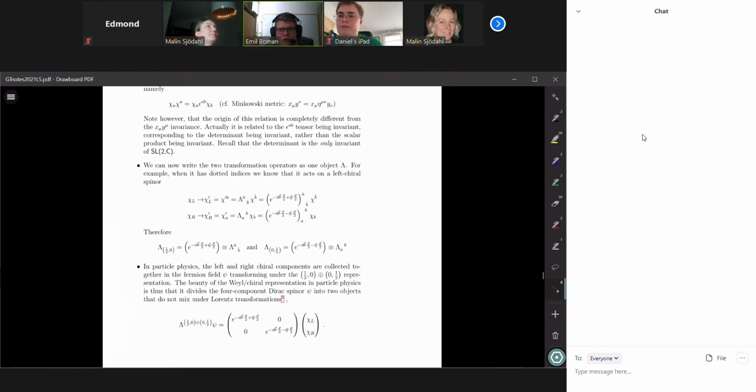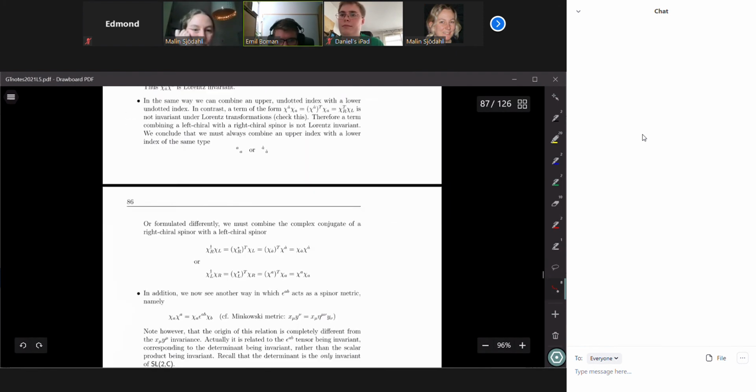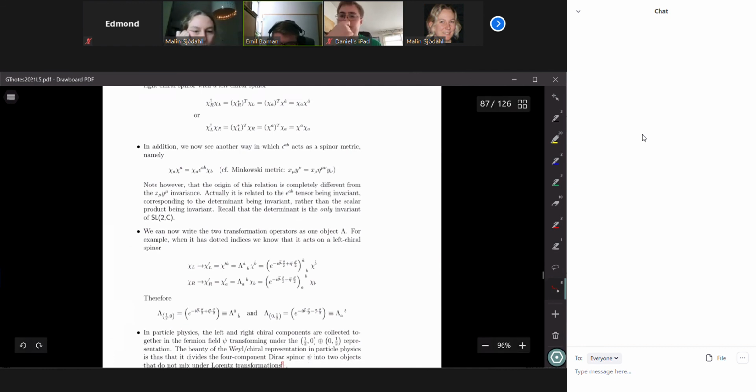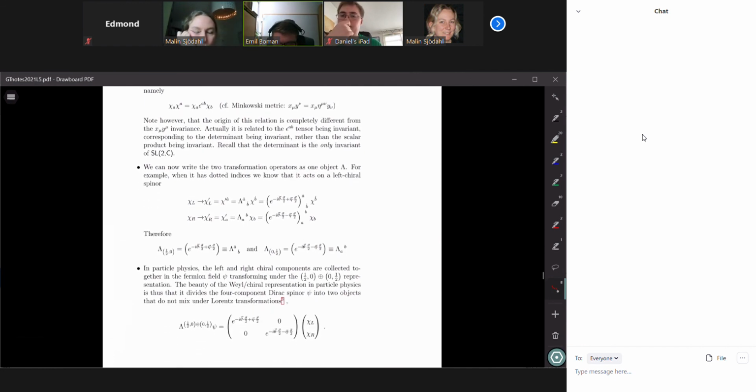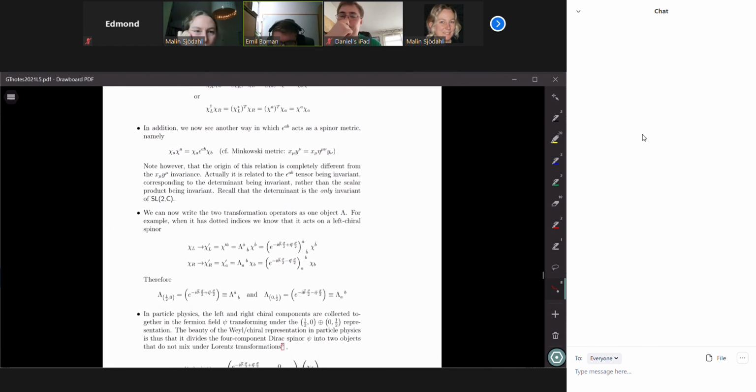I think I may have spotted a small typo. That could well be. On page 86, under the addition, for the Minkowski matrix, you have mu and nu for x and y.